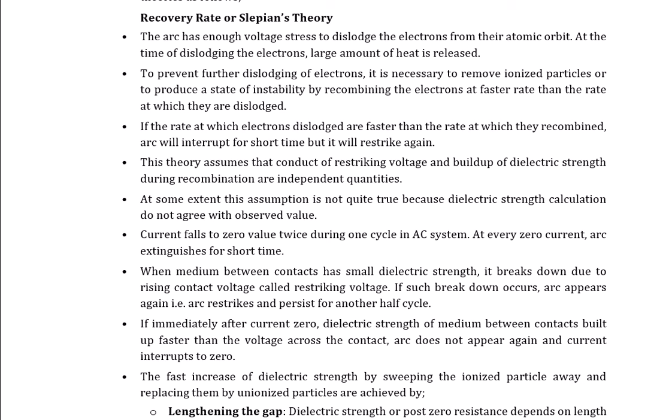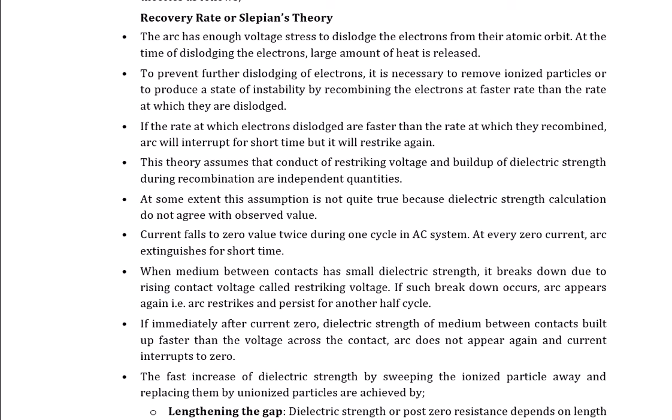This first line is very important, so I am repeating it: the arc has enough voltage stress to dislodge the electrons from their atomic orbit. Due to this, the arc will dislodge the electrons from the atomic orbit, and a large amount of heat is released.